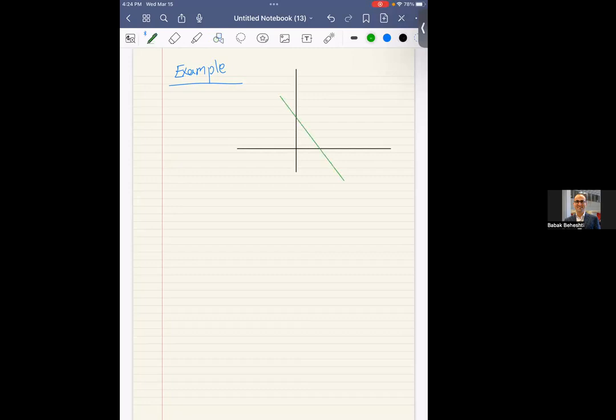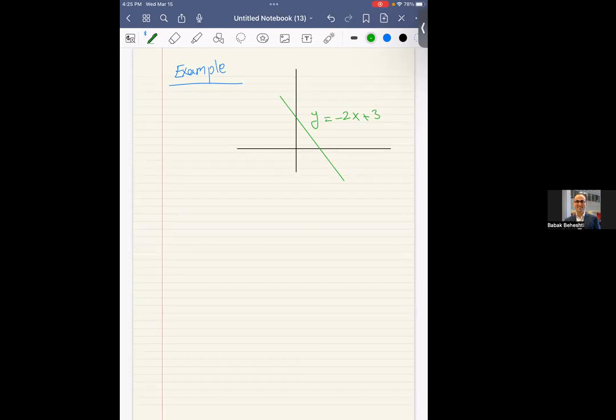You have a line whose equation is given by, for instance, y is equal to minus 2x plus 3. So the question is, what is the closest point on this line to the origin?